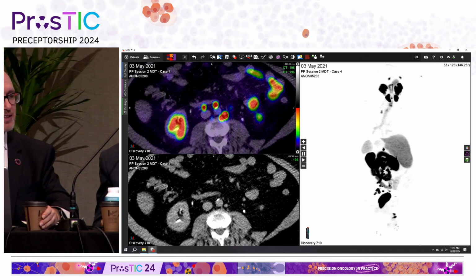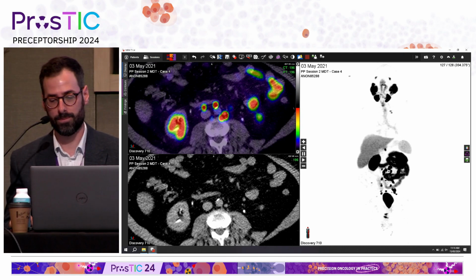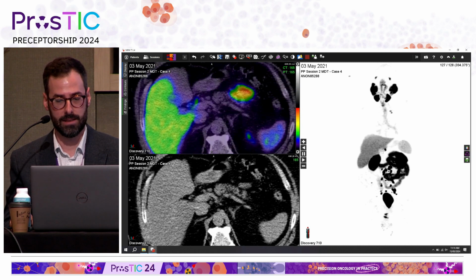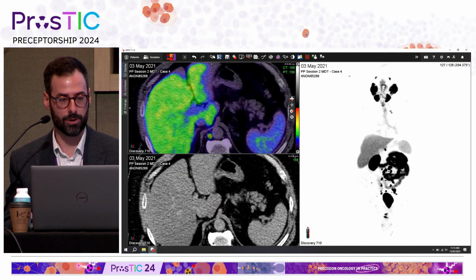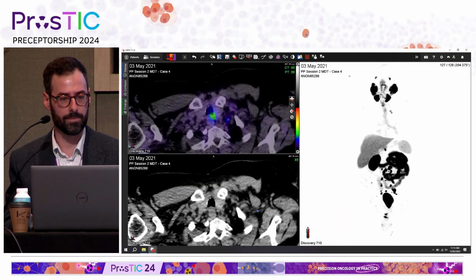Well, I think it's a good decision. You can see there's that sign he has had radical prostatectomy. You do see extensive nodal metastases throughout the retroperitoneum, iliac chains. Up here there's a nice retrocrural one, even up in paraspinal, upper cervical.